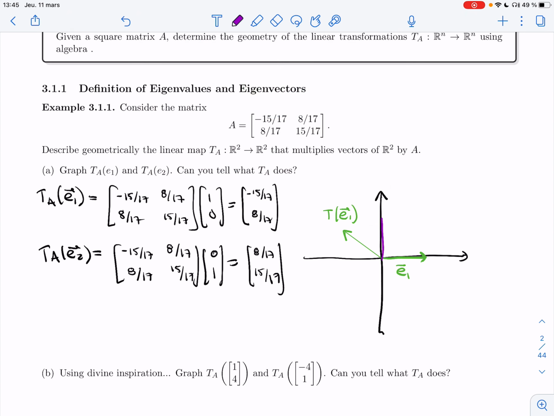Right, so if I look at this, 8, 15, it's going to give me something a bit higher than it is wide, something like this.